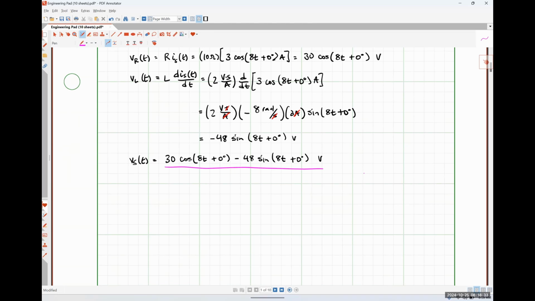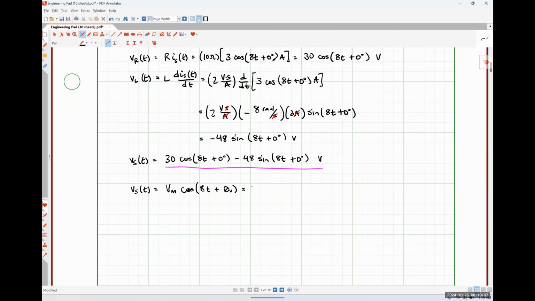So our expectation is that Vs of t is going to be of the form Vm cosine, I'm going to put 8t here, where 8 is just our angular frequency omega, plus some theta v. That is one of those trig identities where we have the cosine of alpha plus beta, right?